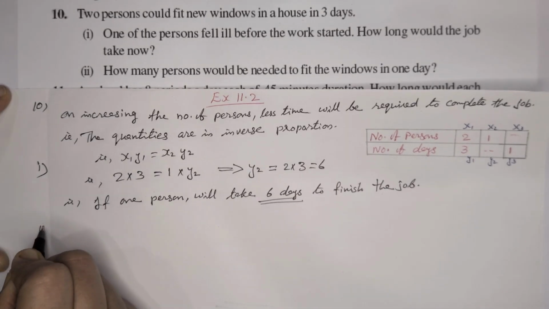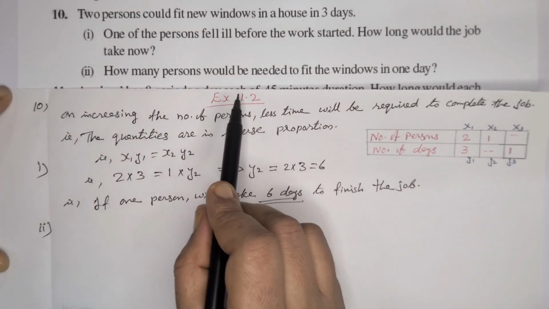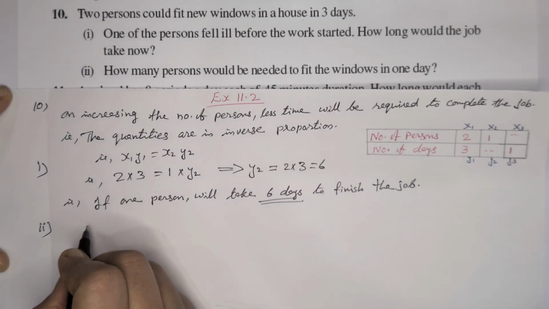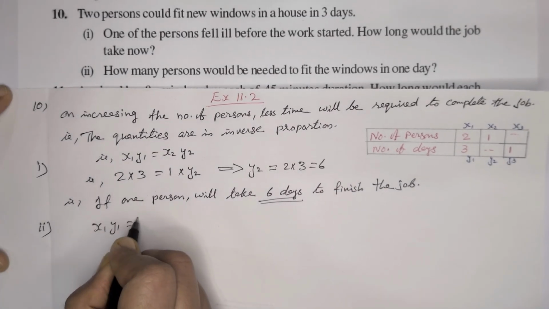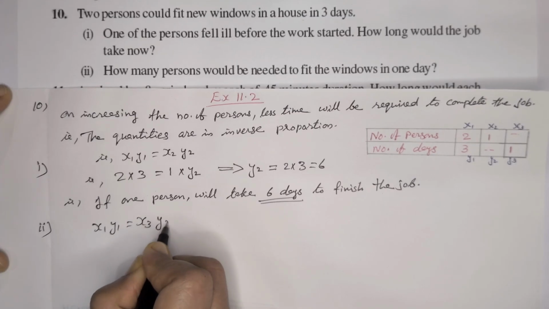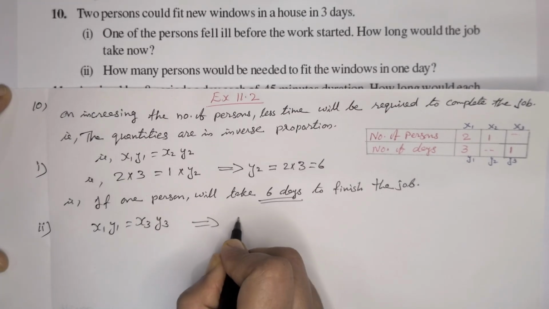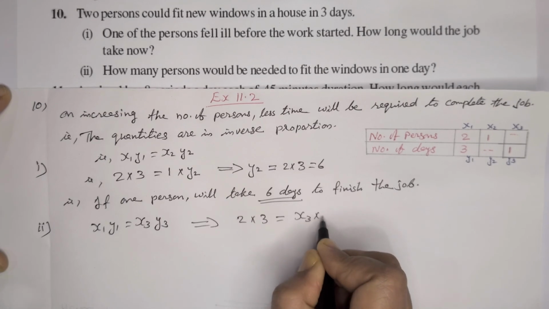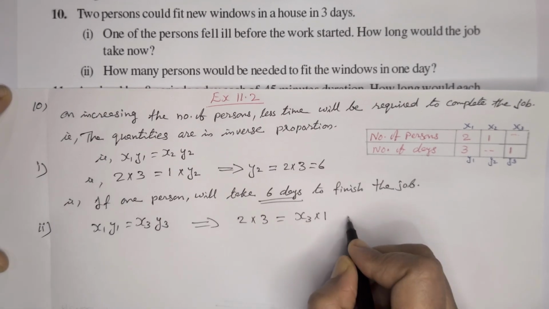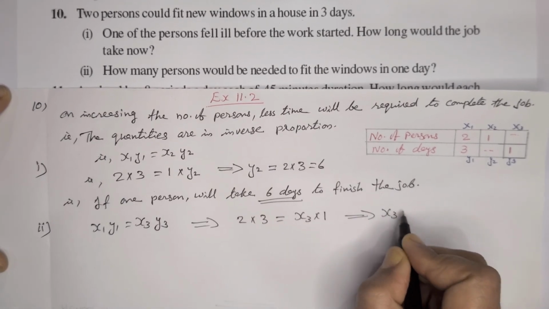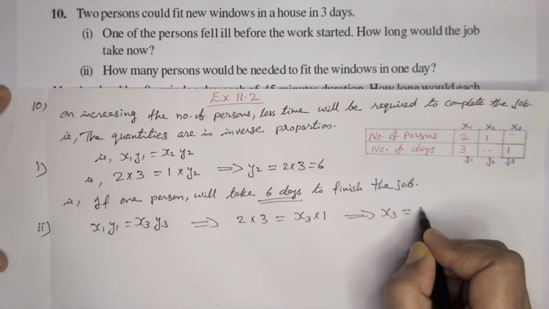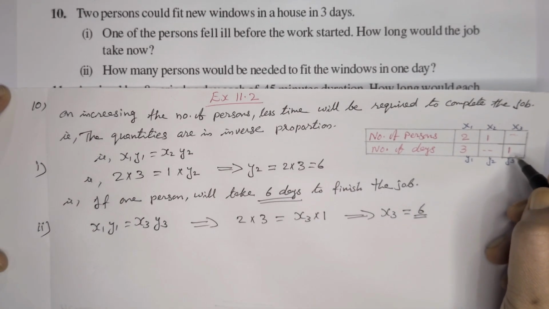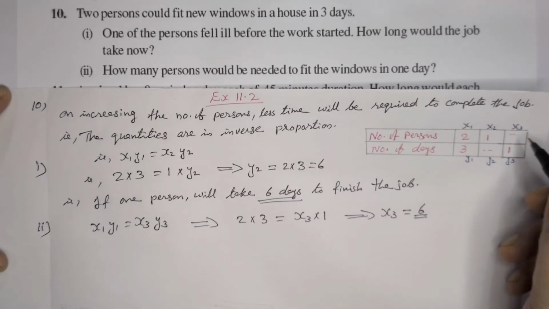Then second part, how many persons would be needed to fit the windows in 1 day? So we can write x1 y1 is equal to third column x3 y3, which implies 2 into 3 is equal to x3 we have to find, y3 is given as 1, which implies x3 is equal to 2 into 3, that is 6. So in 1 day to fix the windows, he needs 6 workers.